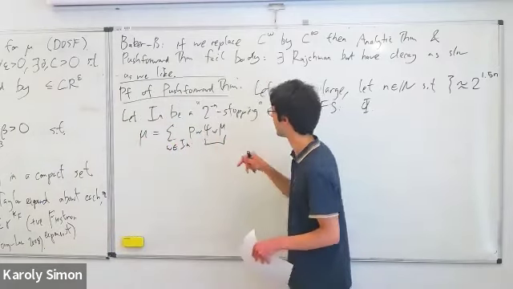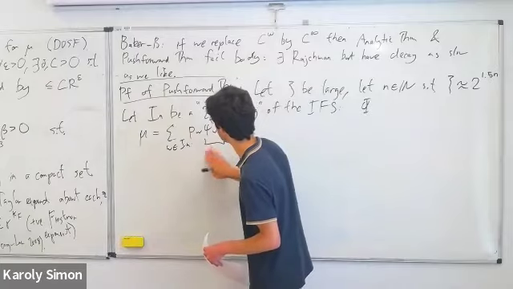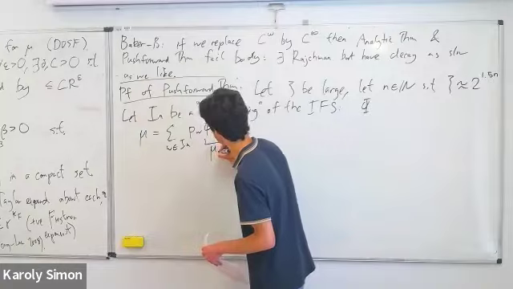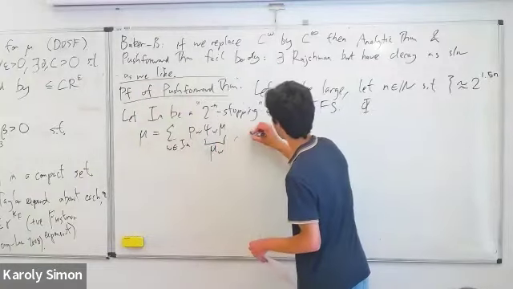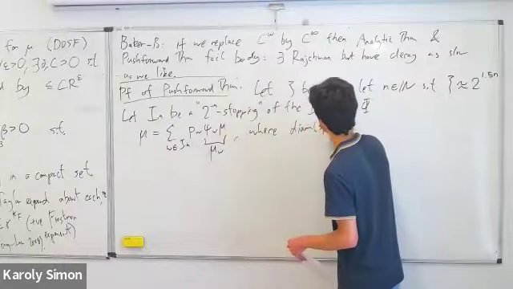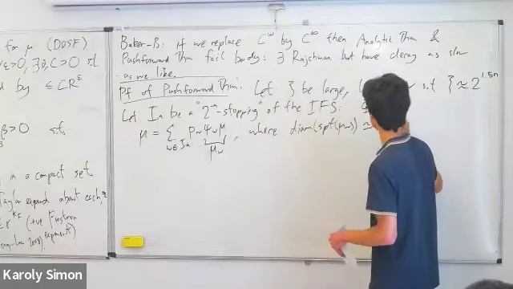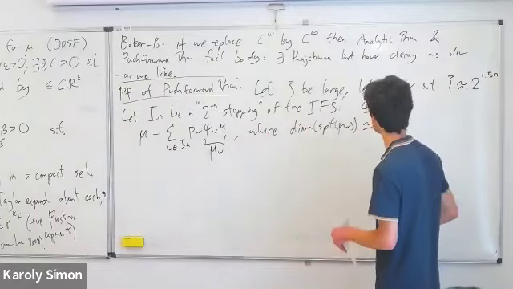Let's call this little piece of the measure mu_w, where the diameter of the support of mu_w is roughly equal to 2 to the minus n, up to some uniform constants.